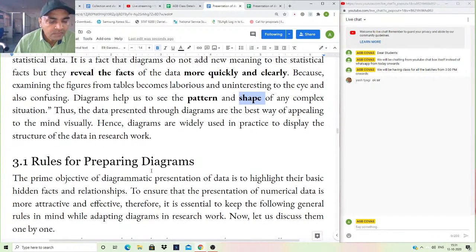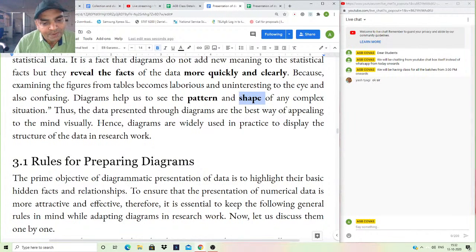They are always your friends when you are doing research. First of all, you will collect the data, then classify the data, then tabulate the data, present it in the form of textual presentation, and along with that you have to make some diagrams and graphs. Then only your presentation will be complete.